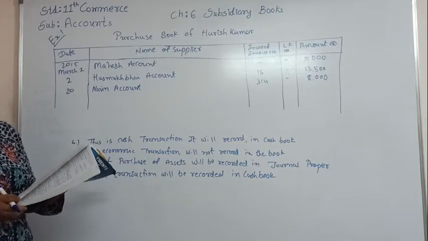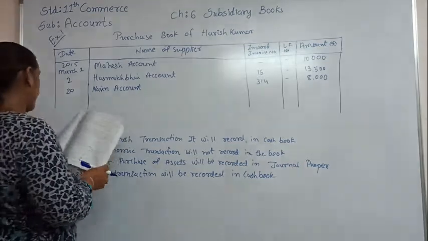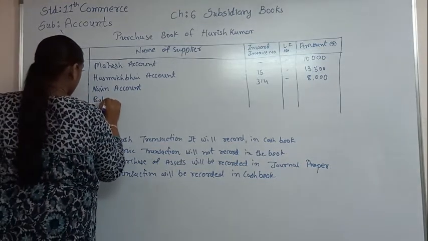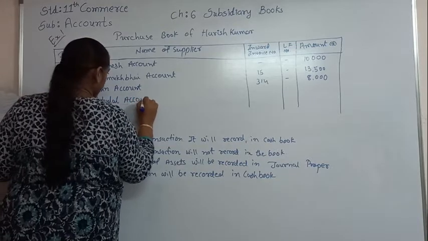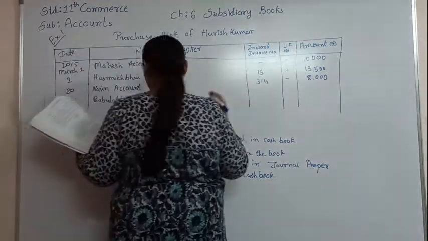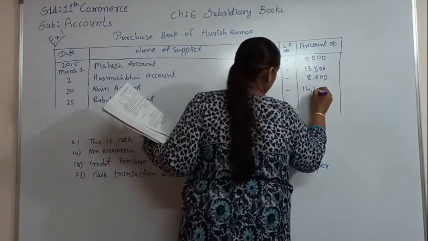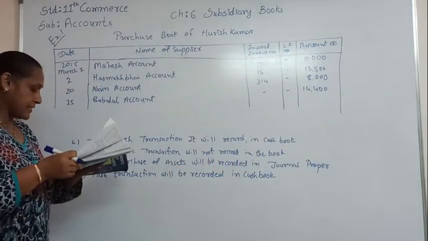So the transaction we are going to record by 14,400, and on 25, Babulal account, and here we are going to write 14,400. So for that.